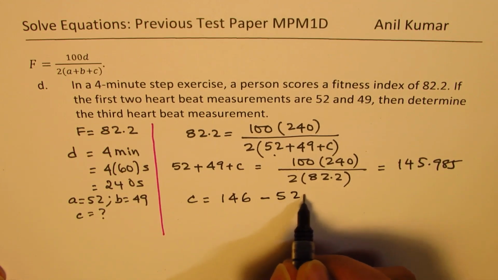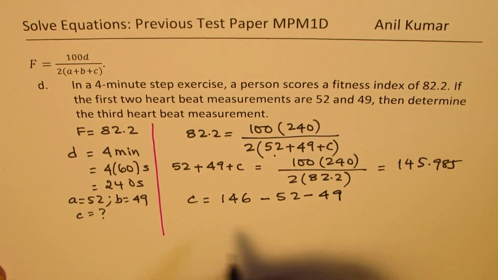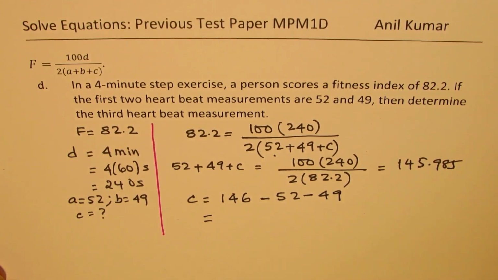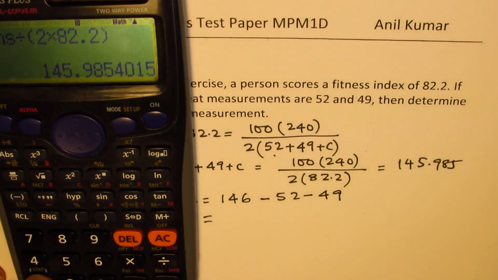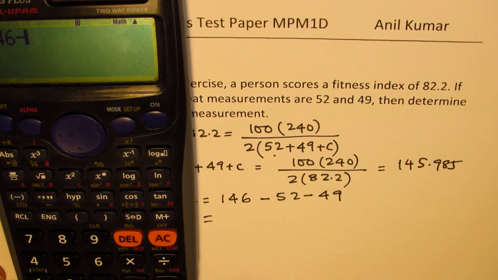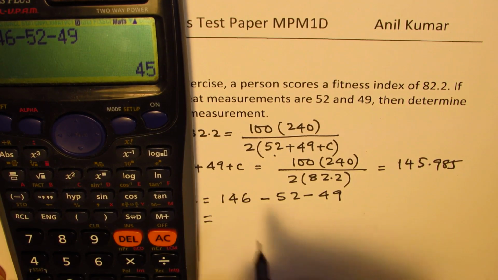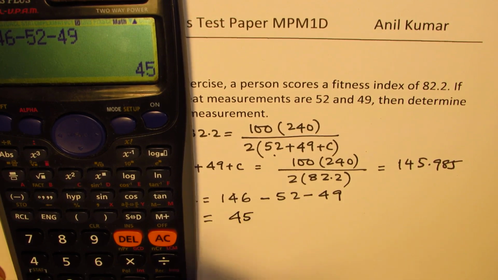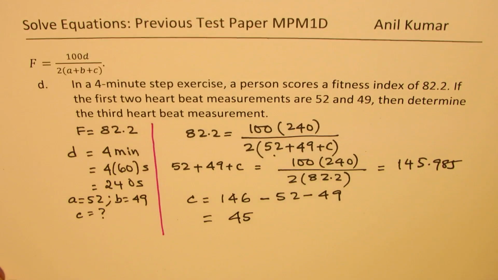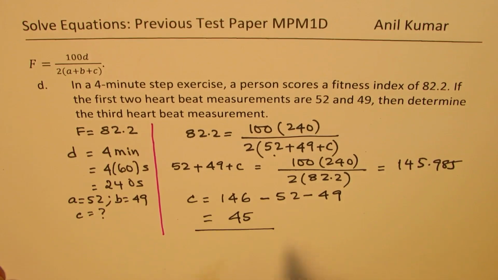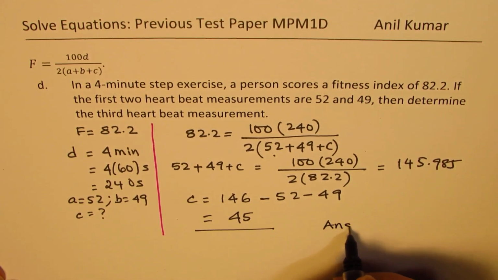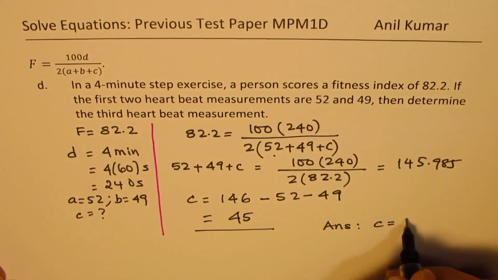Minus 52 minus 49. Correct? So I'm rounding that to 146, and from that we'll take away 52 and then take away 49 to get our answer, which is 45. So the value of C is 45. Clear? So we get our answer as C equals 45.